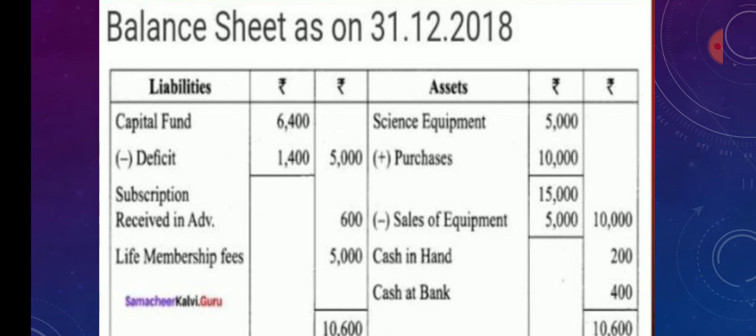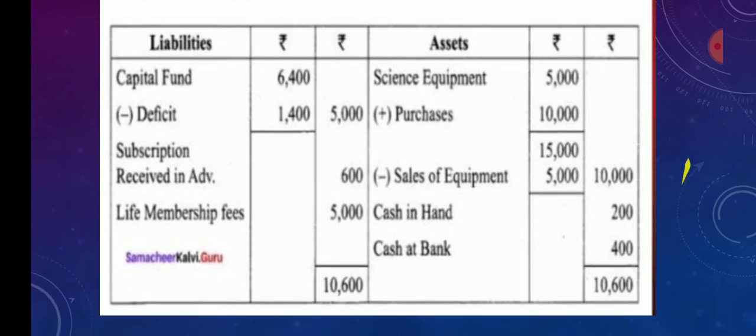Cash in hand and cash at bank are the closing values: cash in hand 200, cash at bank 400. Finally, total both sides. The value is 10,600, the same value for both sides.